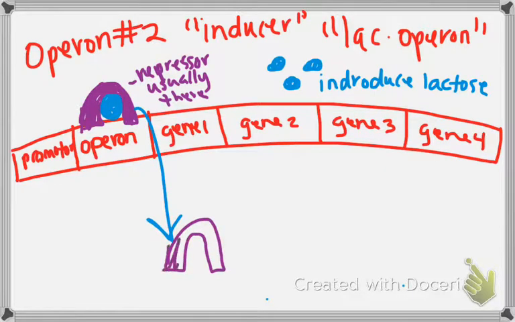then your repressor is going to be removed. Now, why was it removed? Because lactose showed up. That's all it took. It just took some lactose to show up.